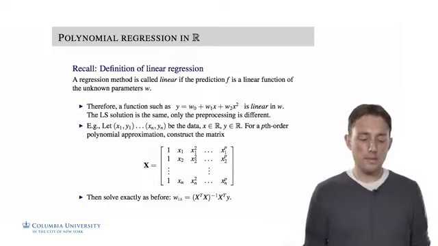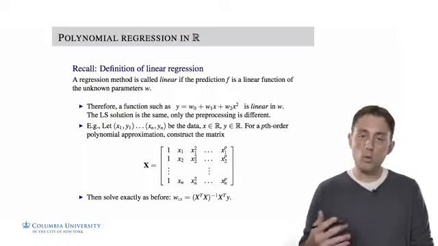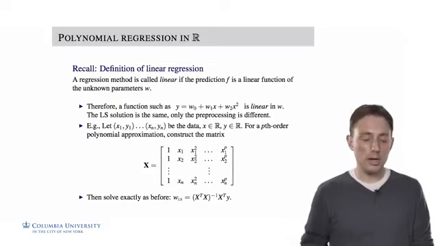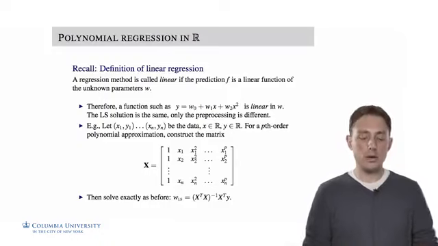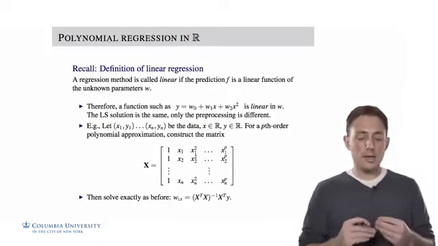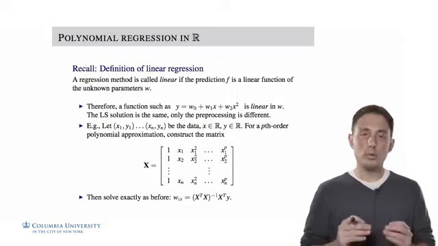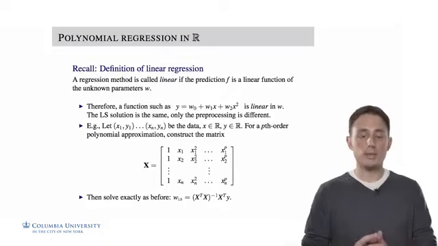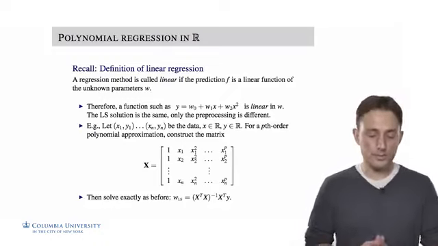So in this case, let's go back and ask why we can use everything that we've been doing thus far with minimal modifications. Remember that the definition of linear regression is that the function f is a linear function of the unknown parameters w. It doesn't have to be a linear function of the inputs x, only of the parameters vector w.